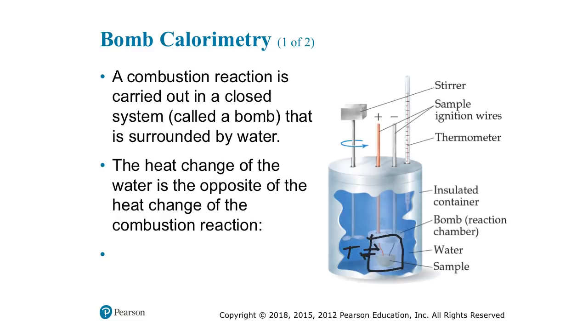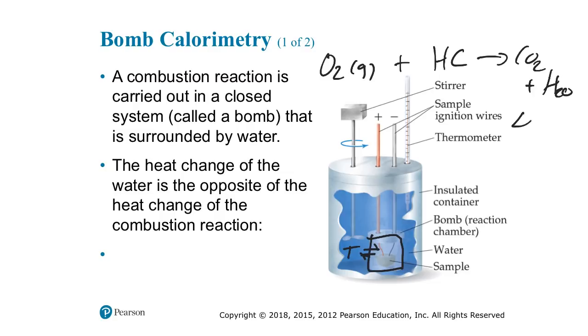So we have a sealed container, and it contains things like O2 gas, and then something that can combust, like a hydrocarbon. And we're going to make CO2 and water, things like that. These reactions generally, and almost always, are going to be exothermic just by their very nature. So we're carrying out combustion reactions in this vessel, and then the heat changes the temperature.